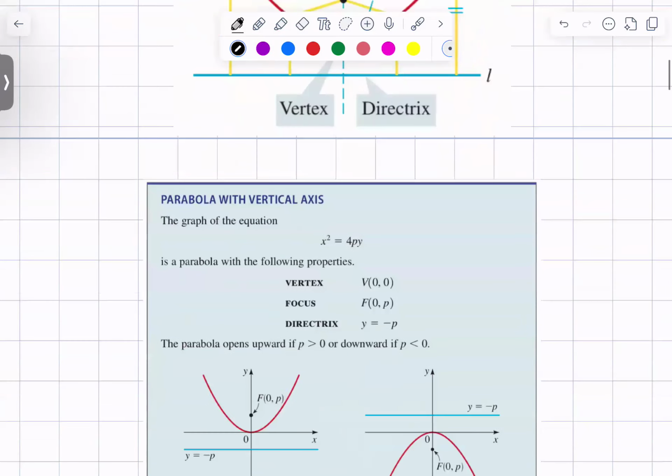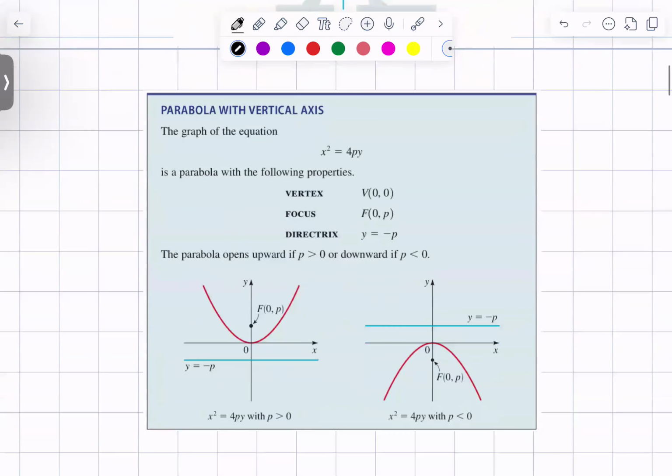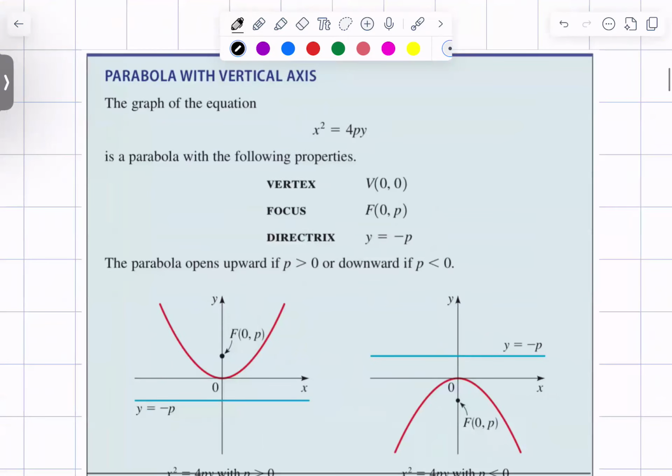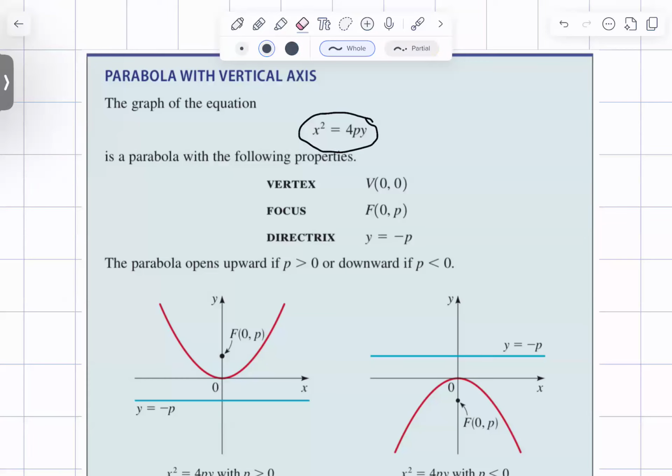So here is the parabola with the vertical axis. Okay, so it's either facing up or it's facing down. How I remember this: a vertical parabola will always have the x value squared, whereas the y value will always just be to the power of 1.